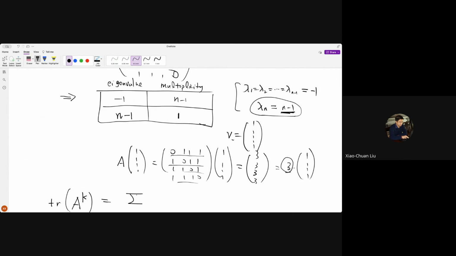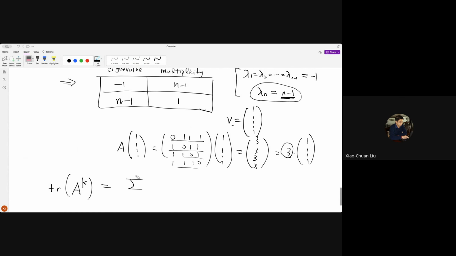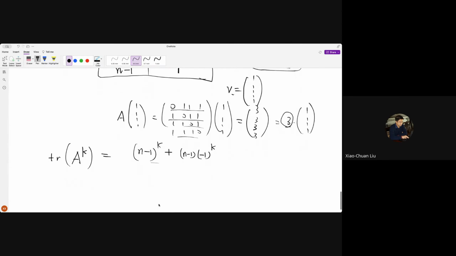So I think you have (n-1) to the power of k, right? Because you have 1 eigenvalue n-1, plus the eigenvalue -1 to the power of k, but you have n-1 copies of them. So this is your result.